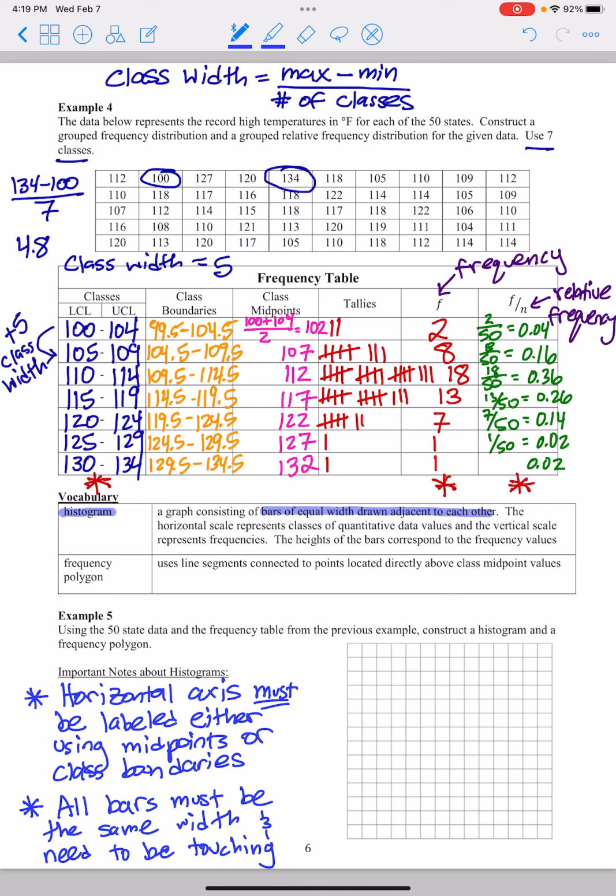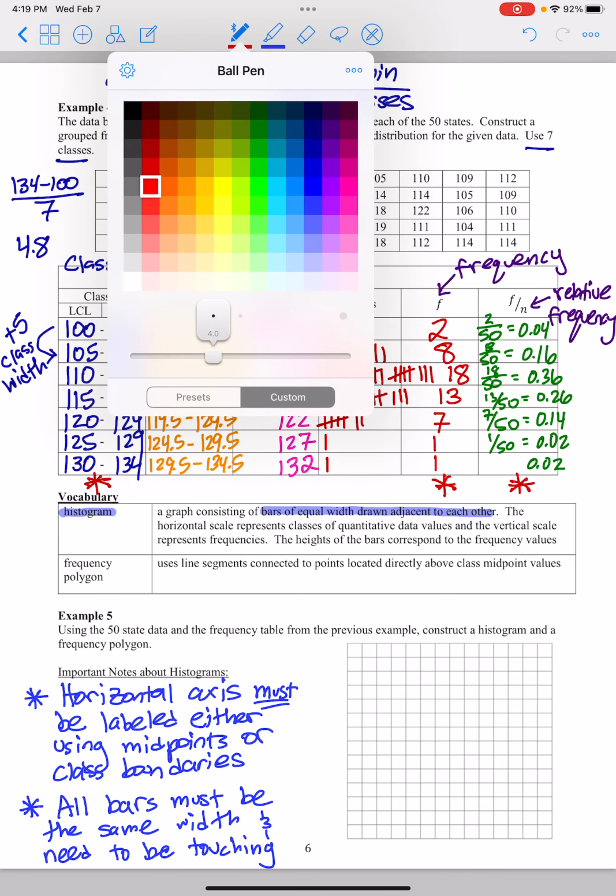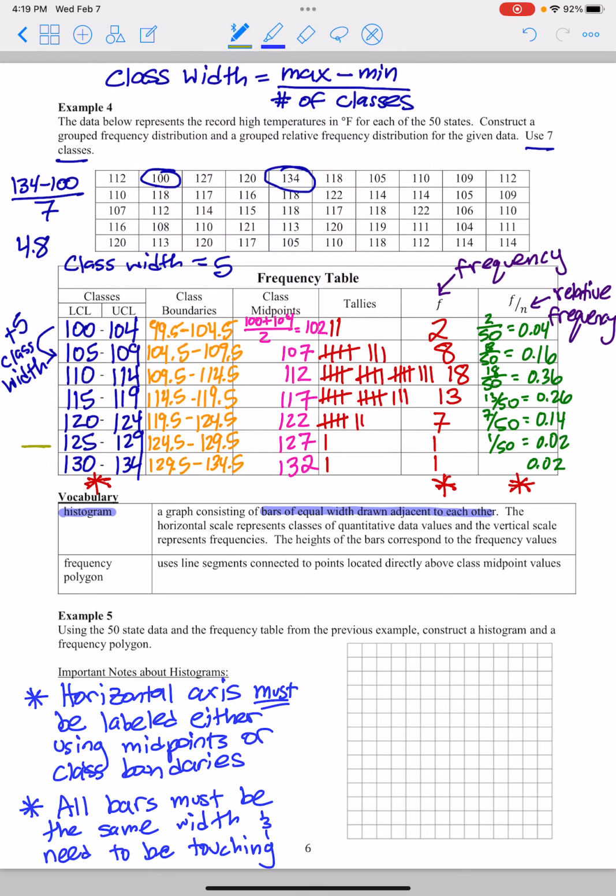Say, for example, this row here, this second from last one, had not 1 but 0 items in it, then you would end up with a gap in your graph. But that only happens if you have a class that has nothing in it amongst all of your other classes. So just remember that your bars are going to touch.